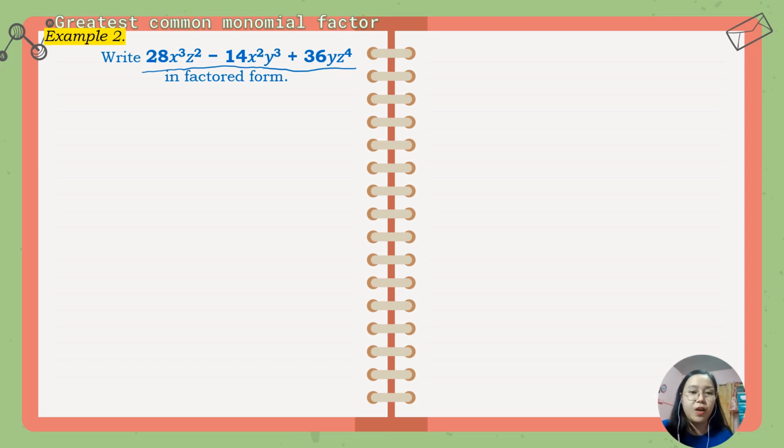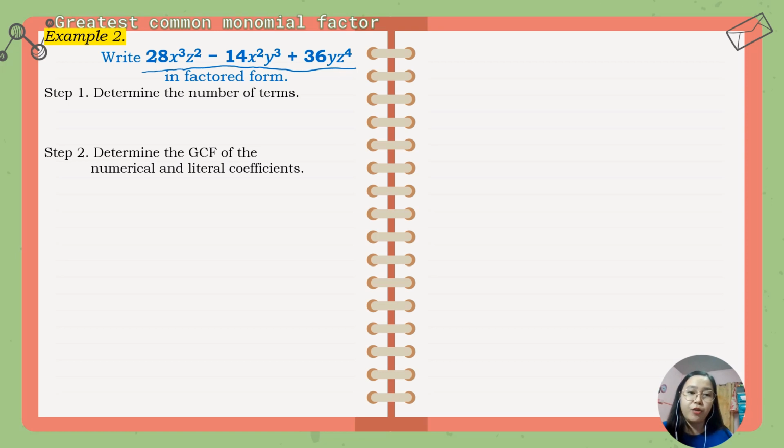In fact, of course, step 1, determine natin yung number of terms. So, ano yung terms na yon? We have here 28x cubed z squared, 14x squared y cubed, 36y z raised to 4.